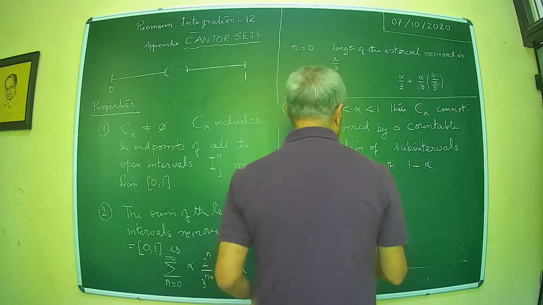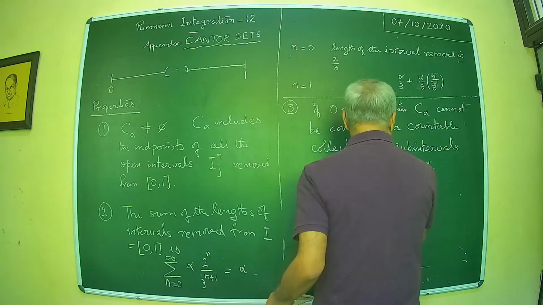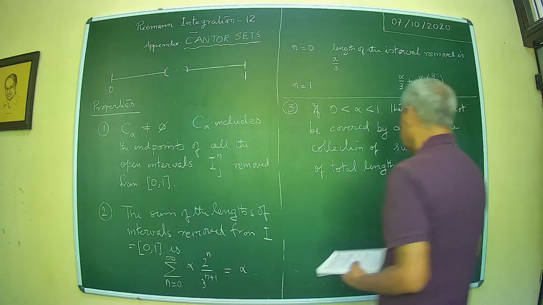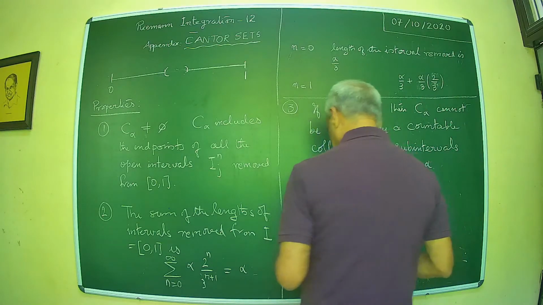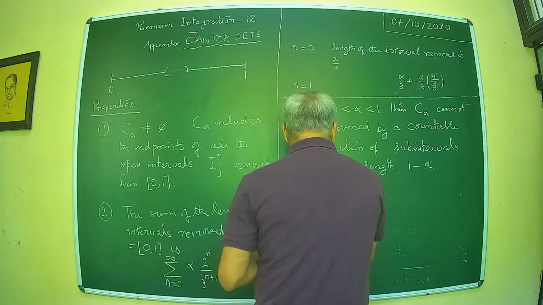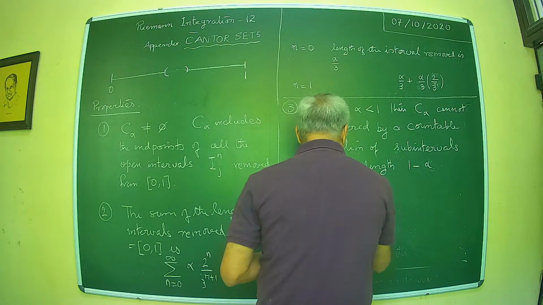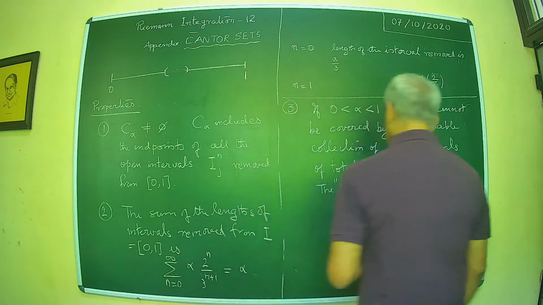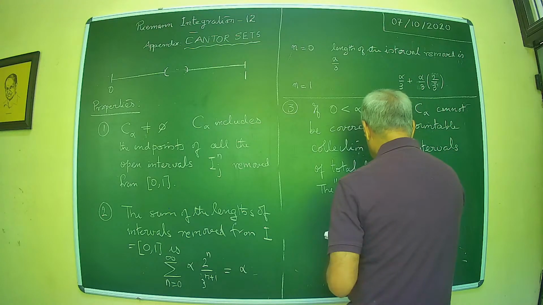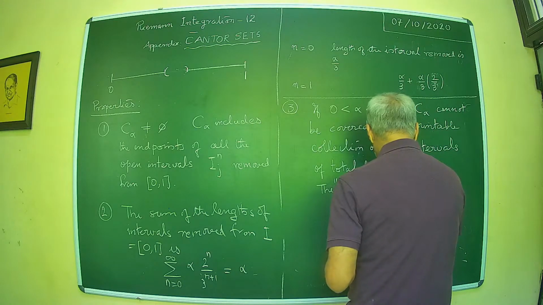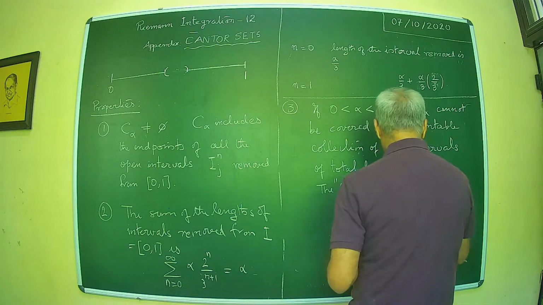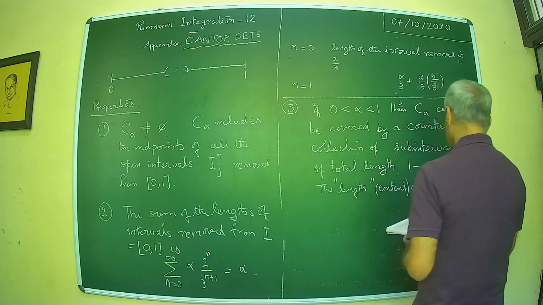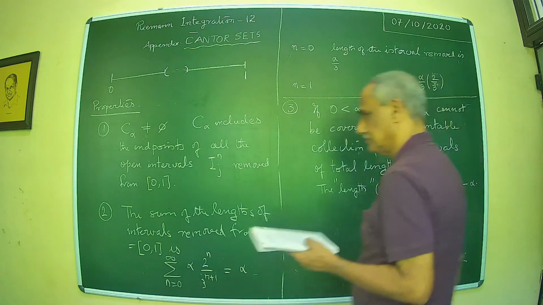So this is the total length. This is all right because I am talking about subintervals. But therefore, the length, or what you call, I will put it in inverted commas, content, of C alpha is 1 minus alpha.